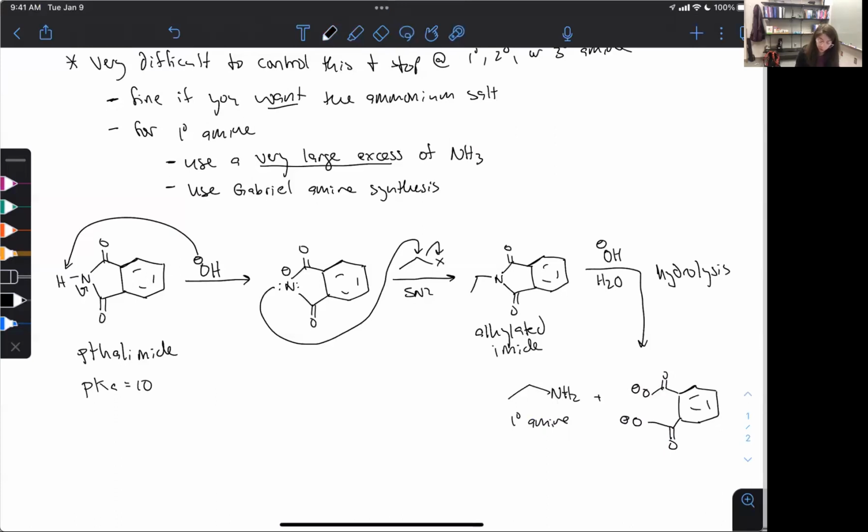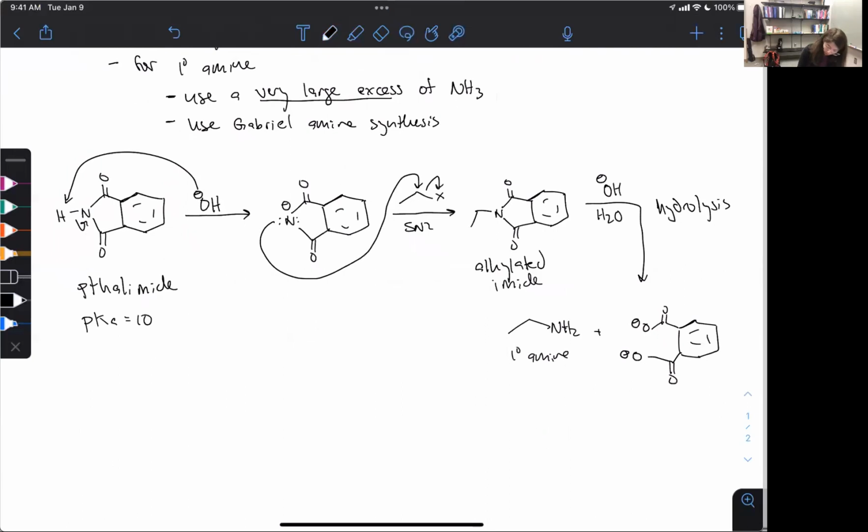So with this process, you can pretty much only make primary amines. But you could always do this reaction and then do reductive amination or something to get another amine. But it's a really nice way of making it very specific to one addition and not over-alkylating like you can if you're just using the amine itself.